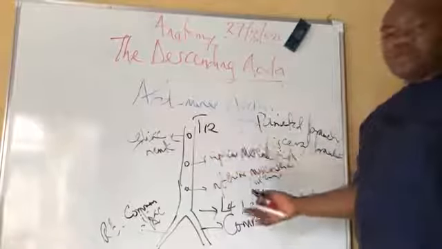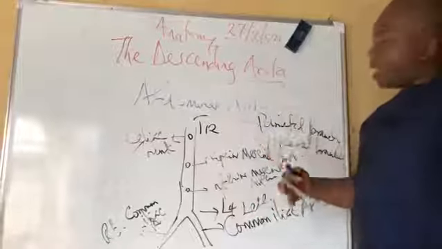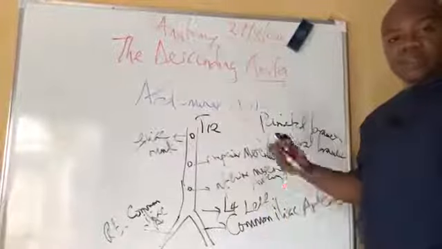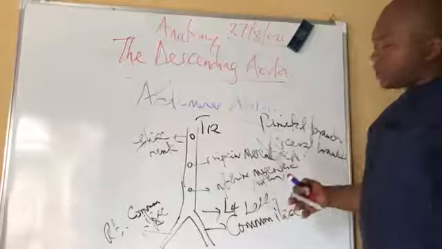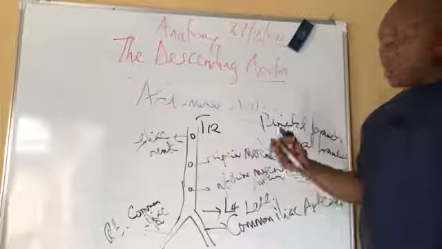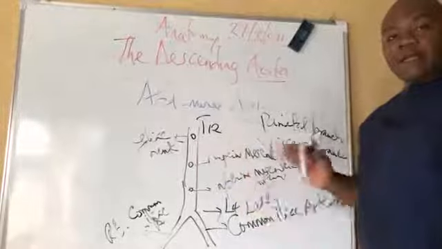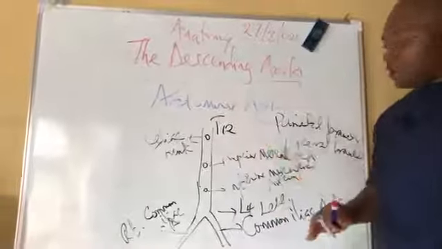They supply the viscera, such as the liver, the gallbladder, the stomach, the pancreas, the duodenum, the small intestines, and the large intestines.